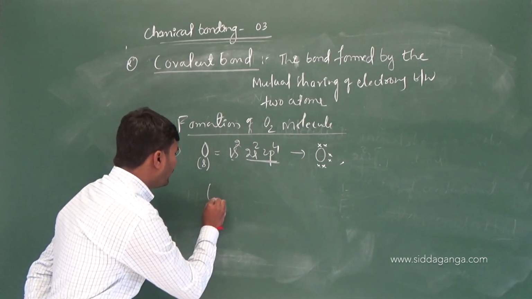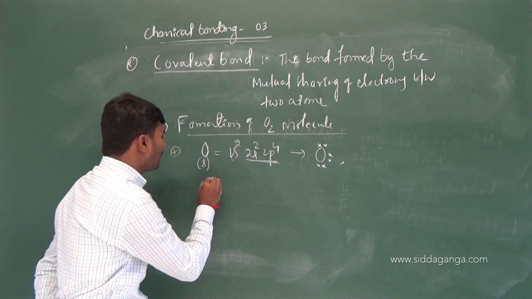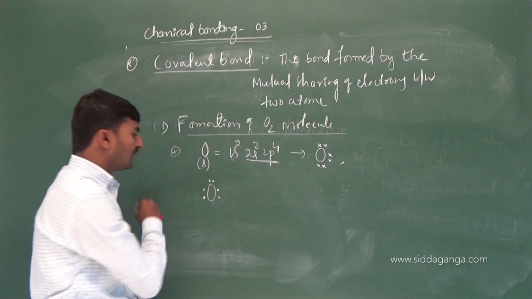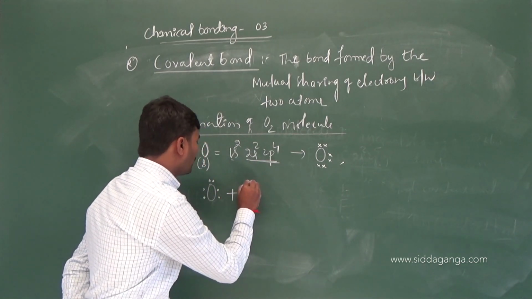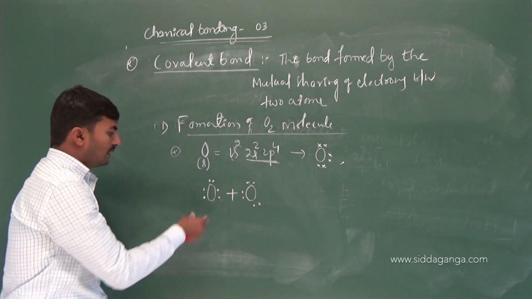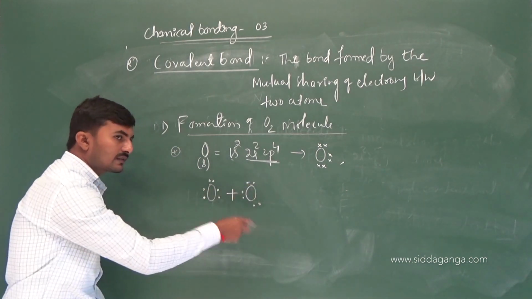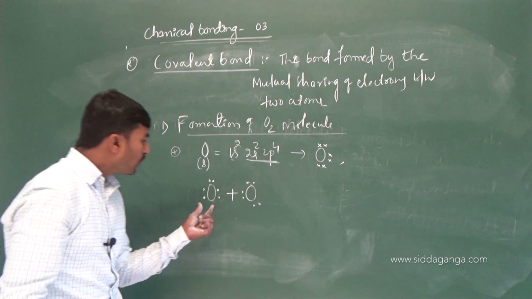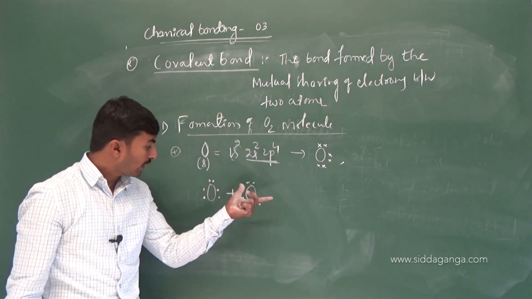Okay, now one oxygen contains 6 electrons, plus one more oxygen which again contains 6 electrons. But both the oxygens require 2 more electrons.